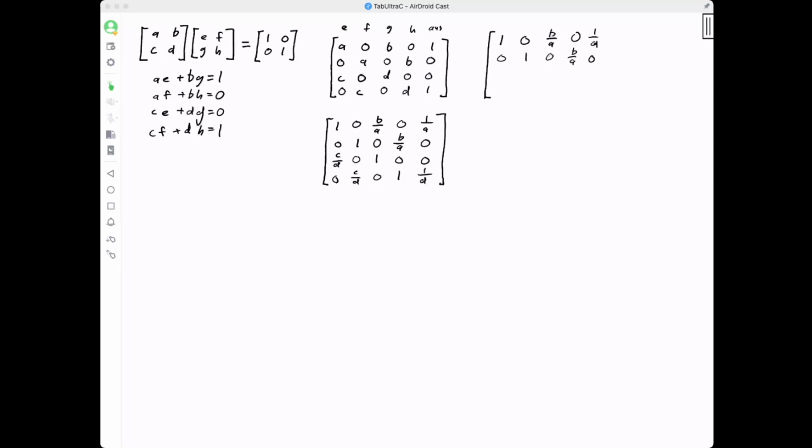That gives me a 0, 0, and then 1 minus C over D times B over A, which gives me BC over AD, and then 0, and then we're subtracting C over D times the first row, so that gives me a 0 minus, or just a negative C over AD.